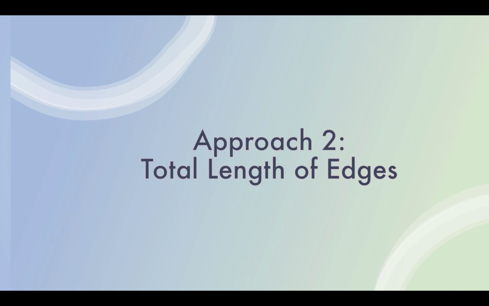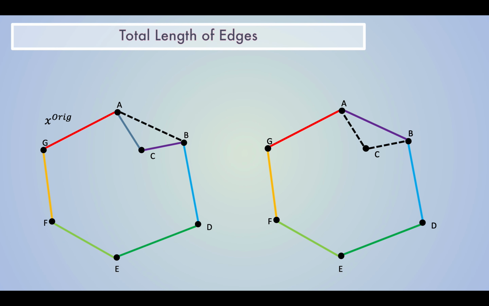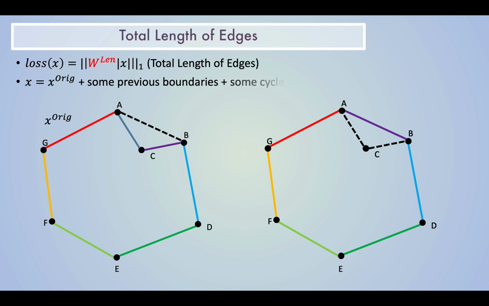A similar variant of the first approach is to define the size of a generator as the total length of edges in the generator. The only difference here is that we define W_len as the weight matrix, whose ith diagonal entry is equal to the length of the ith edge. We modify the loss function as the one norm of the product between W_len and the optimal cycle, which can be understood as the total length of the edges in the cycle, and we keep the same constraints as before.